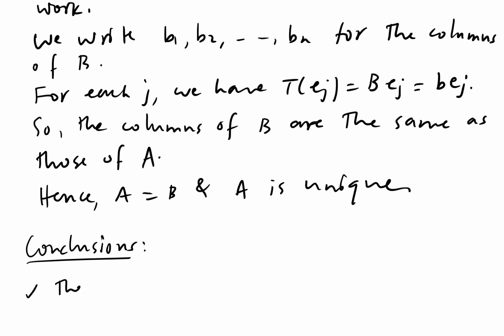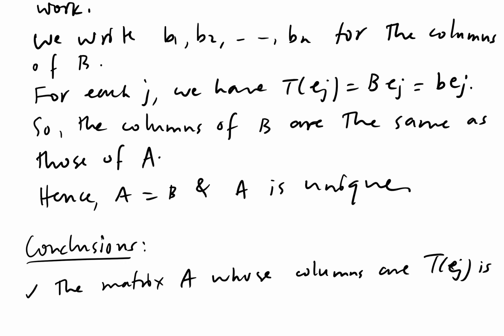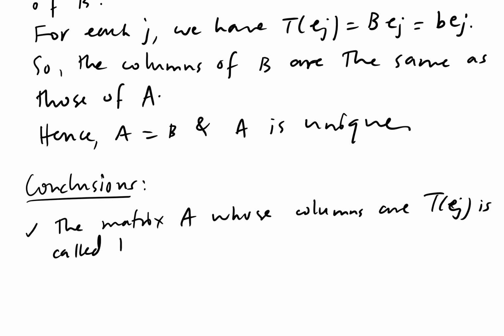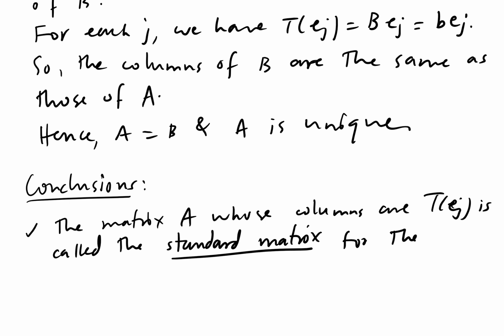First one, we learned that the matrix A, whose columns are T of Ej, is called the standard matrix for the linear transformation T.